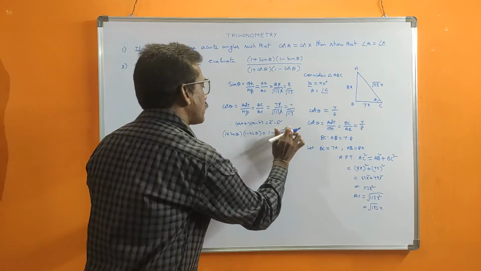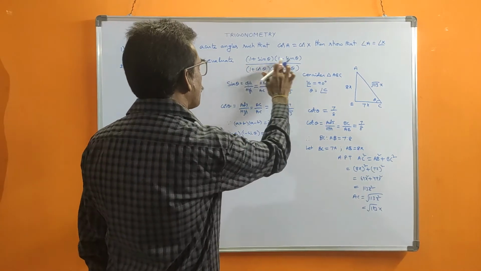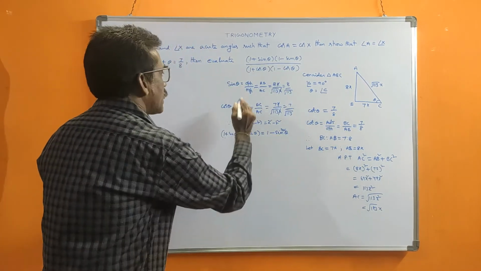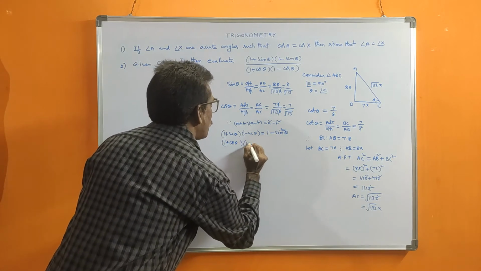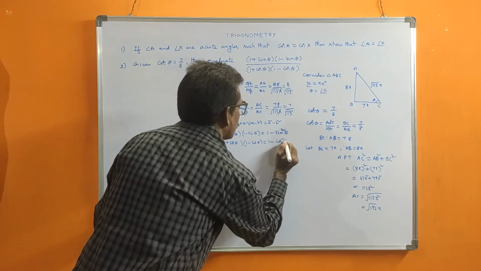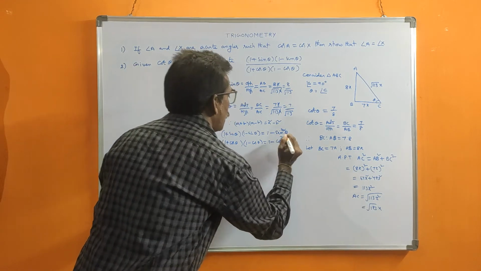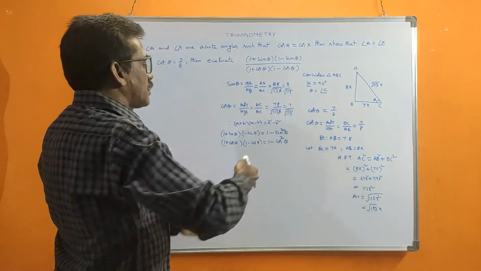So this is 1 minus sin square theta. Like that, down also 1 plus cos theta into 1 minus cos theta is there. That is 1 minus cos square theta. We simplified here only. Then you can substitute the values.